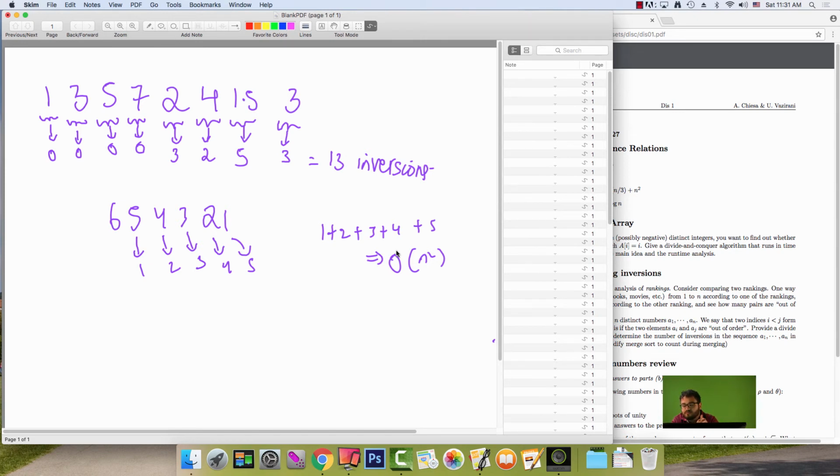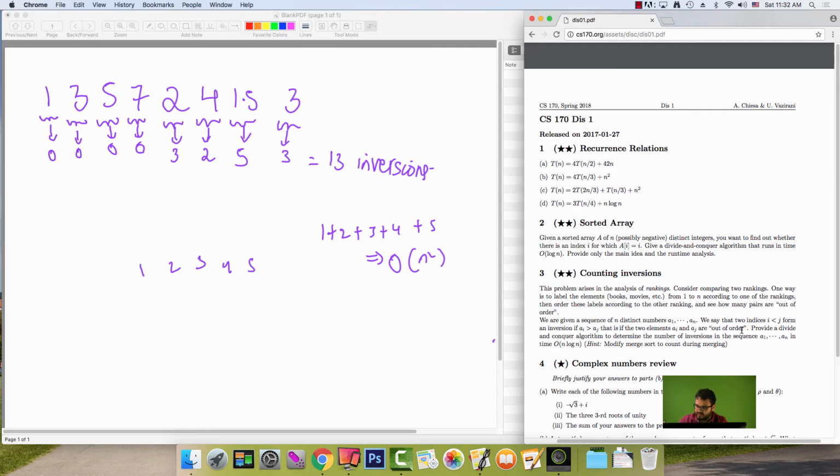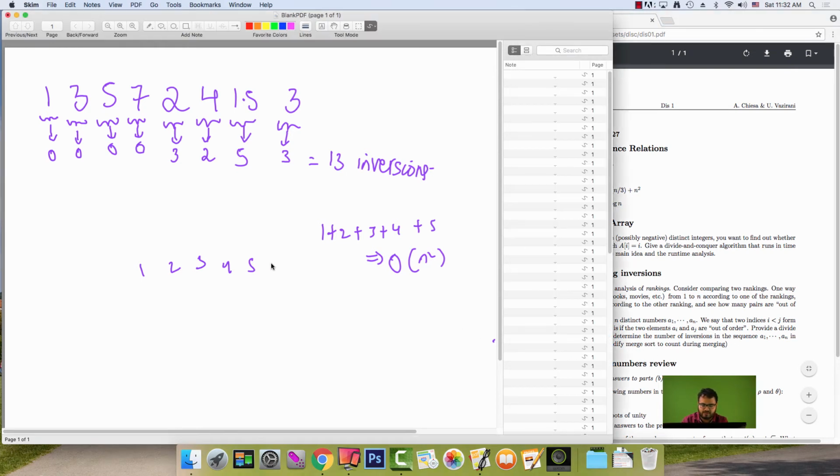What we can do is develop something that works in n log n, and we need to think cleverly how to do that. So let's think. What if, and I'm going to follow the hint here, the hint says, modify merge sort to count during merging. Okay, so let's think about how we can do that.